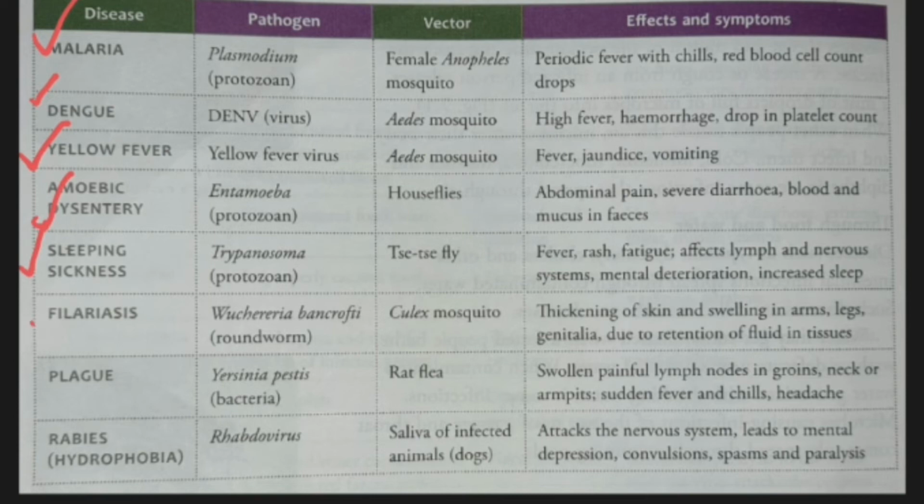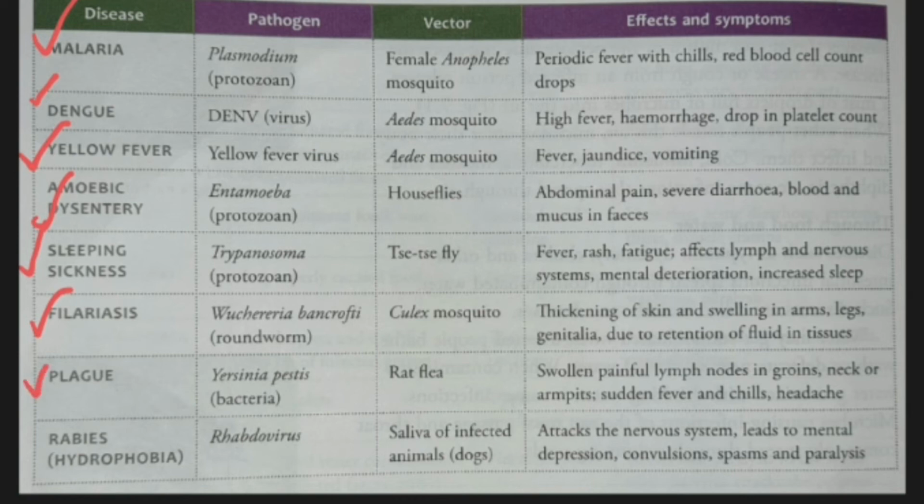The next disease is filariasis. The pathogen for it is Wuchereria bancrofti. It is actually a roundworm, and the vector is the Culex mosquito. By it the disease can be transmitted, and the effects or symptoms are thickening of the skin and swelling of the arm, leg, and genitalia due to retention of fluid in the tissues.